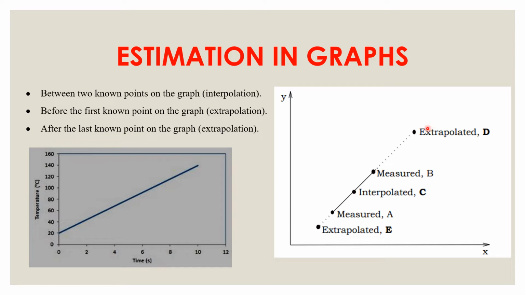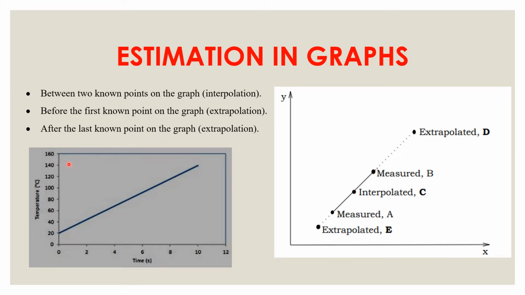Let's look at this example on the left hand side. This graph is going from this point here all the way up till here. So if I want to know what is the temperature at 11 seconds, you can see in the graph, this graph is actually ending at 10 seconds. So up till 10 seconds, I will be able to take the reading. All I have to do is to take a ruler and just read it across.